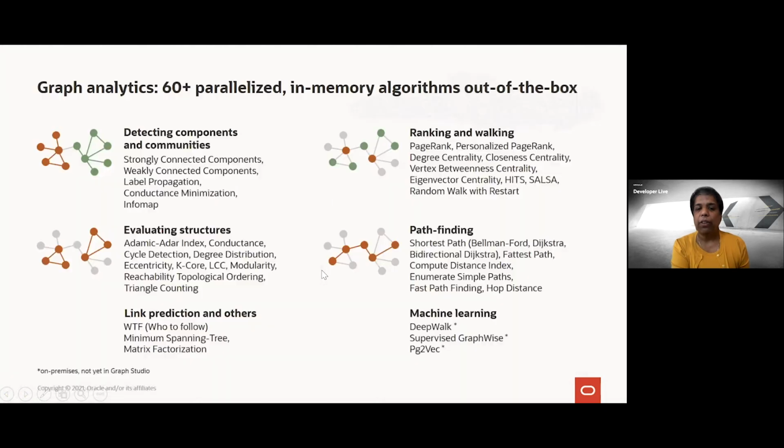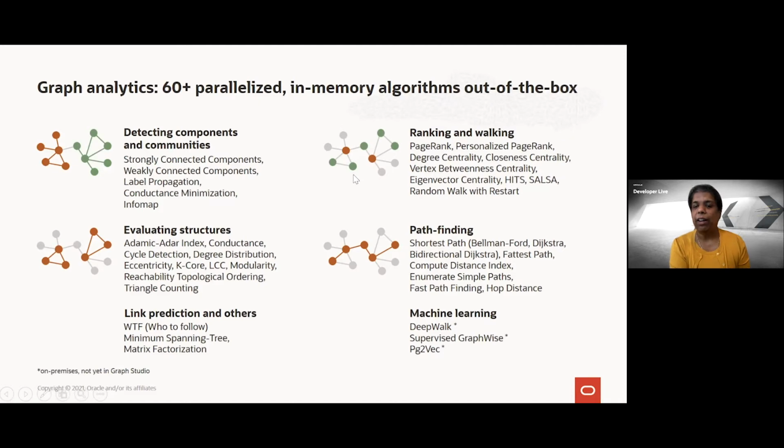So now let's go into analyzing graphs, which is where you're looking at the entire graph structure and analyzing it to detect these hidden connections. So you see here, the first class of algorithms is all about detecting communities, which are subgraphs that have more tightly connected vertices and so on.